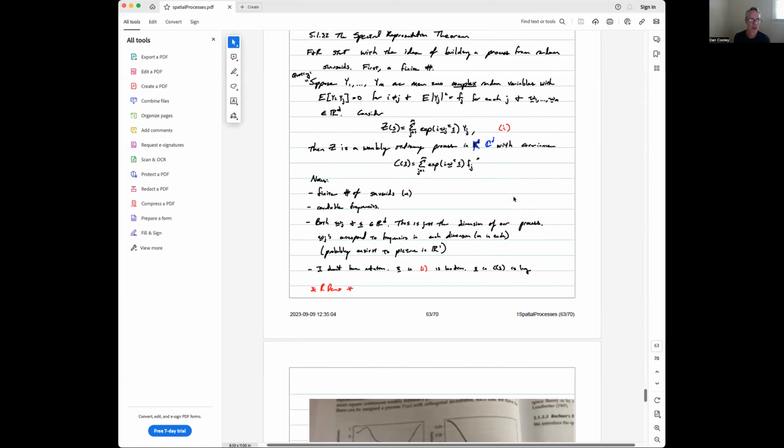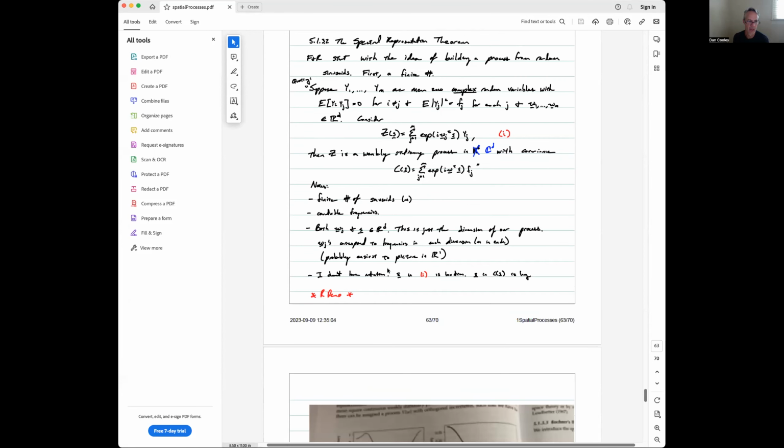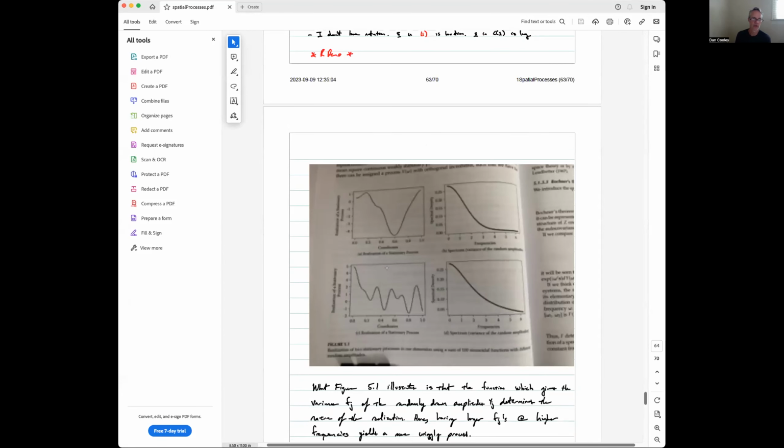And jump back to my notes and say, okay, so where are we? All we've done is we've illustrated this. We're going to take a finite number of sinusoids and we can create a spatial process from that. So if you look at the Fuentes and Reich book, they have this plot where they are showing two examples.